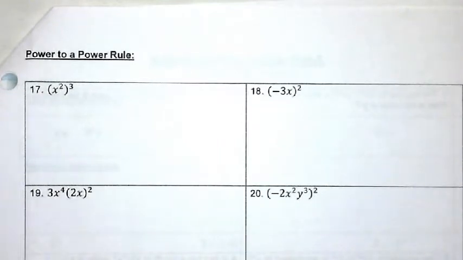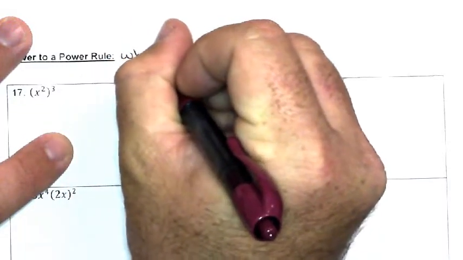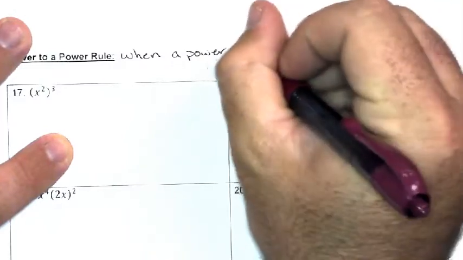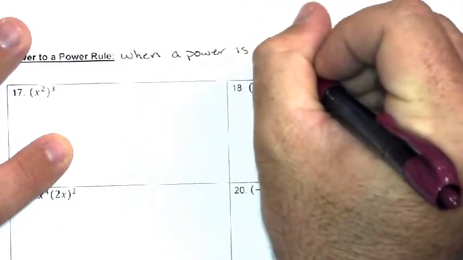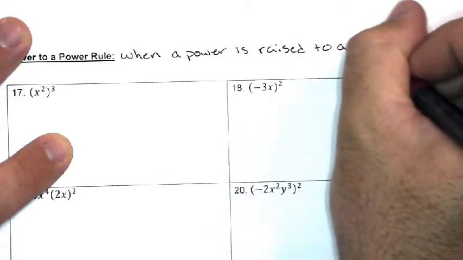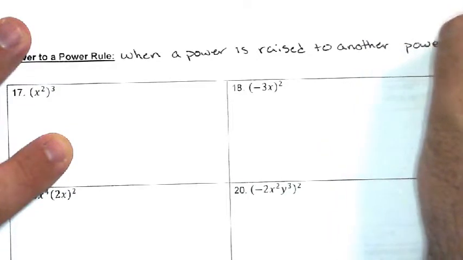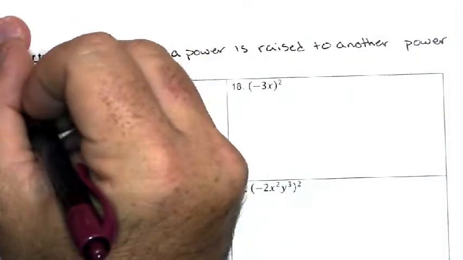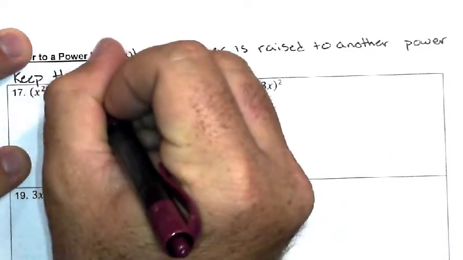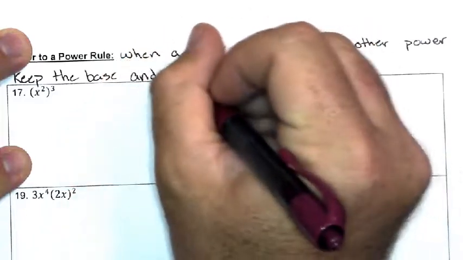When a power is raised to another power, you will keep the base and multiply the exponents.